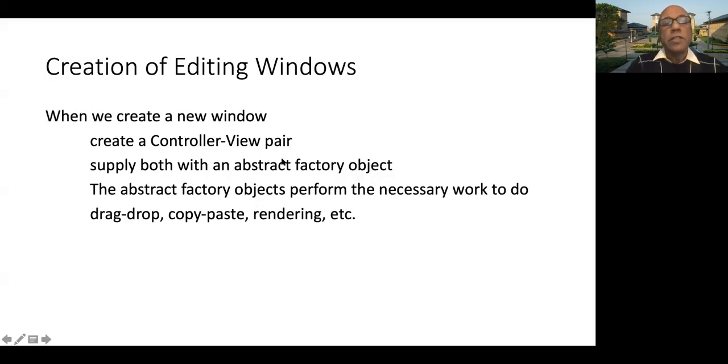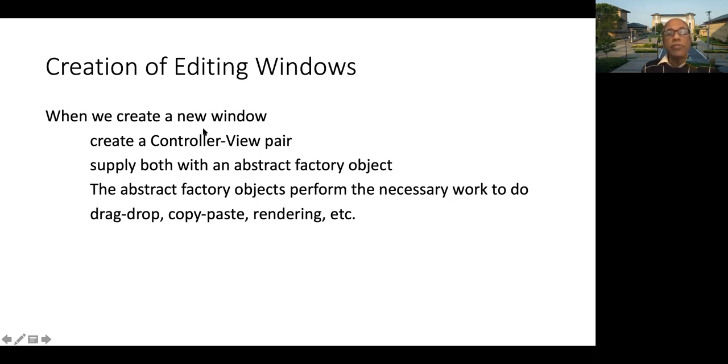Now recall how we created those swing and FX windows. We had a button. We clicked that to create an FX window. There was another button to create a swing window. When we clicked that, we got a swing window. So whenever we create a new window, whether it is swing or FX, we create a controller and a view.